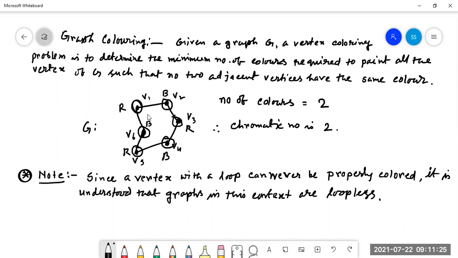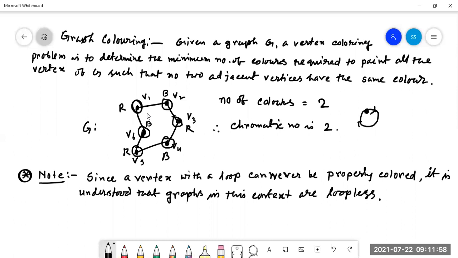Because if there is any loop, what is the degree of a loop? The degree of a loop is 2. If it is a loop, then one is in-degree and another is out-degree, so it is the same vertex, and the same vertex cannot be colored with a different color. So for coloring a graph, that graph must be loopless.